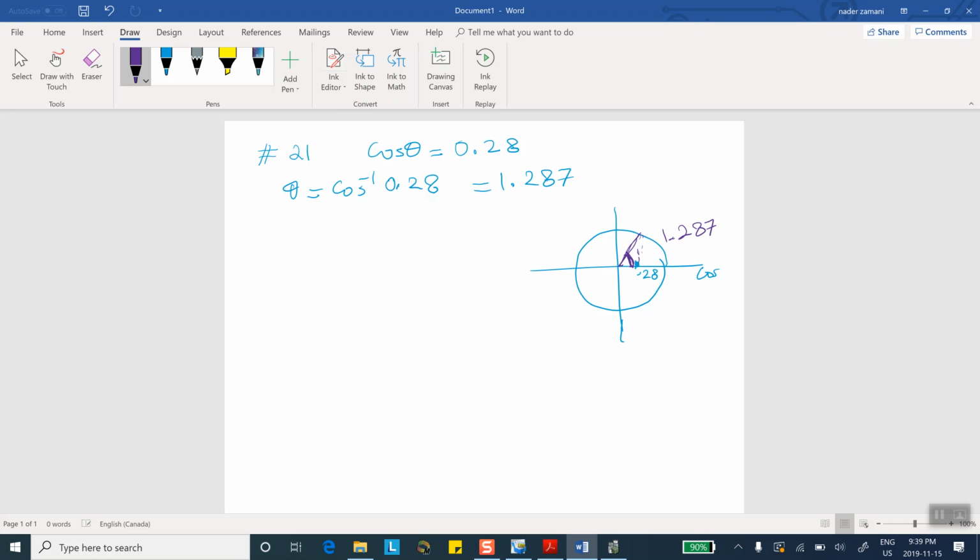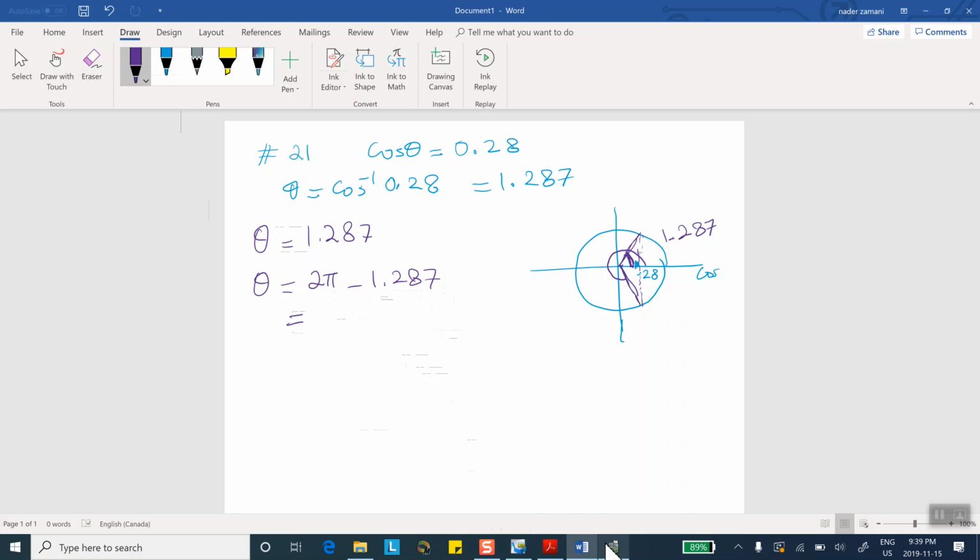But there's another one in one period, meaning 0 to 2 pi, which is right there. So the other angle, one is of course 1.287 approximately. The other one is 2 pi minus 1.287.